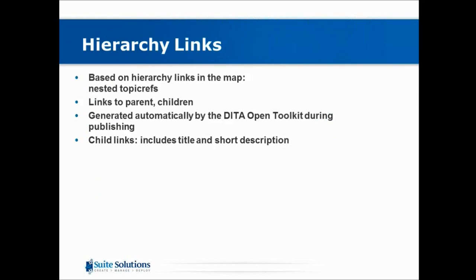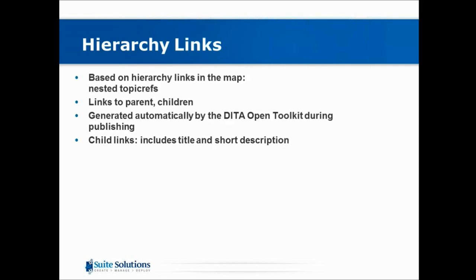Hierarchy links are links that are created based on the hierarchy in the map. Just as you saw, we were making the map with topic refs, which can be nested inside of each other, or maps which can be nested inside of other maps, which have topics inside of them.